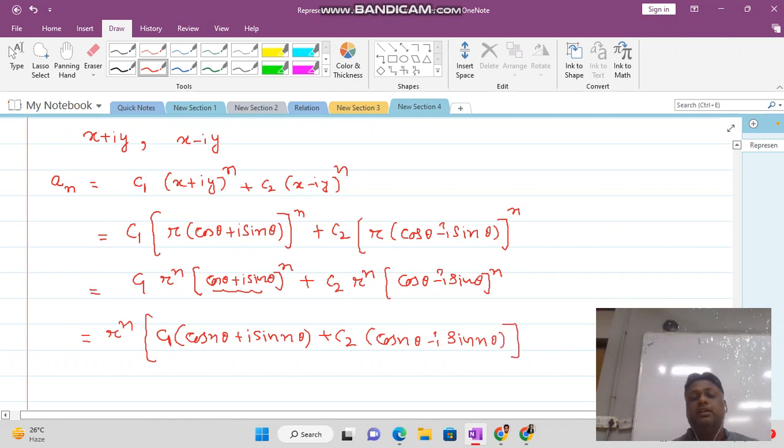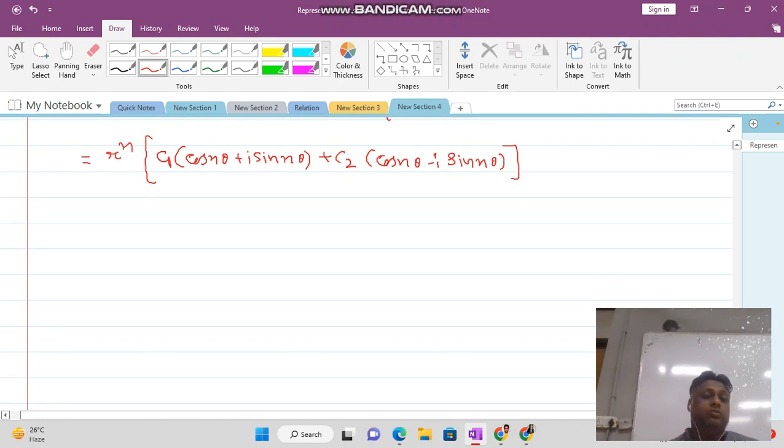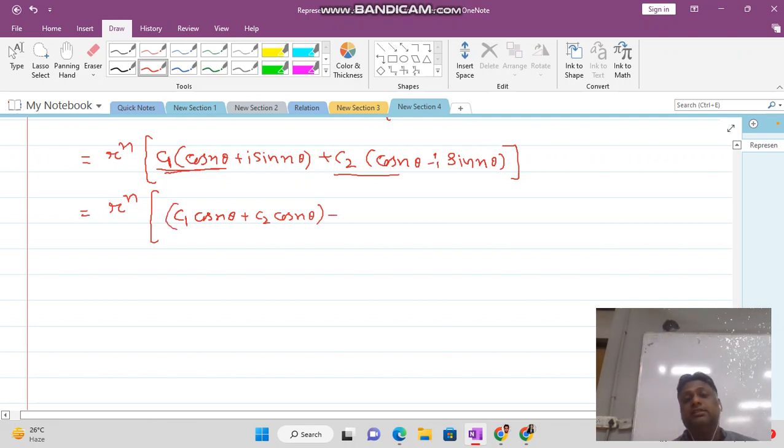After applying De Moivre's theorem, you combine the first term of each bracket: c1 cos n theta plus c2 cos n theta. Then combine the second term: iota c1 sin n theta minus iota c2 sin n theta.